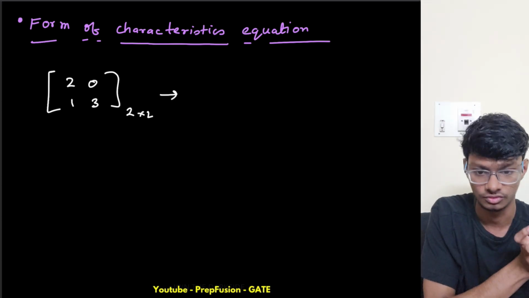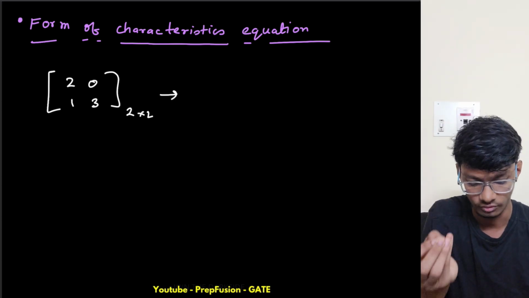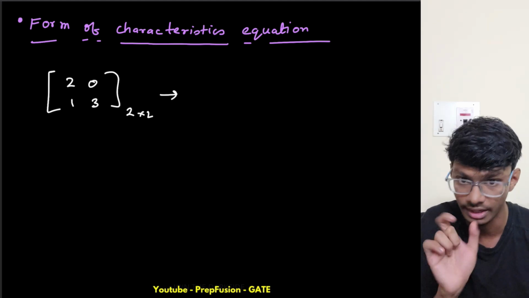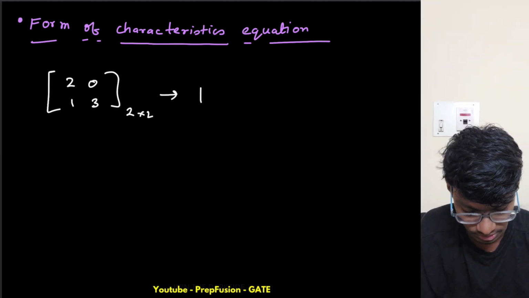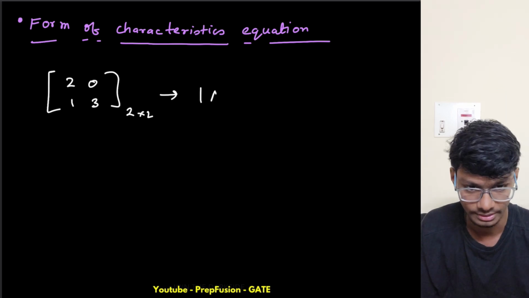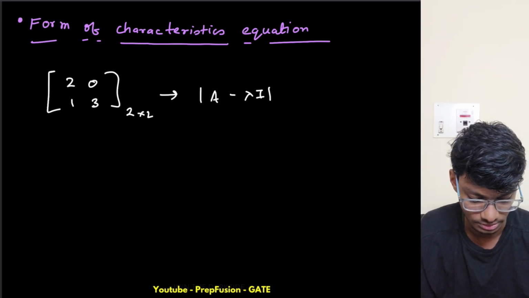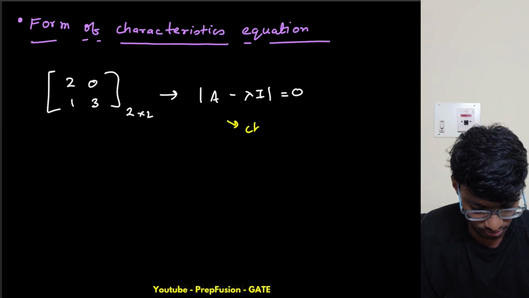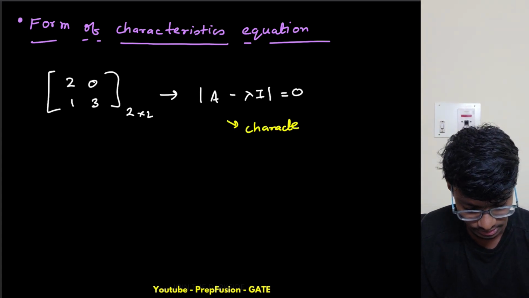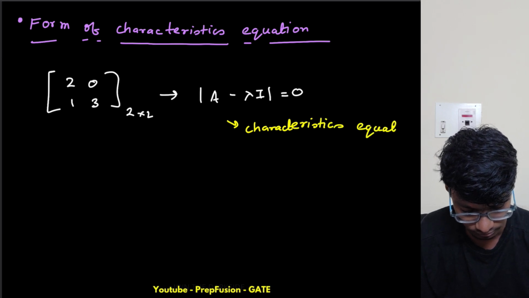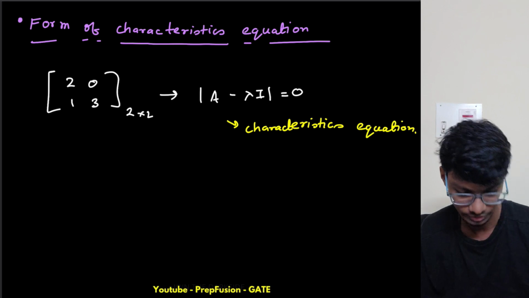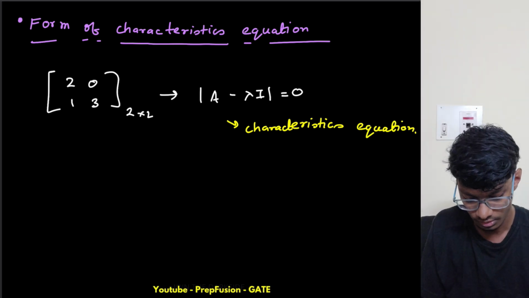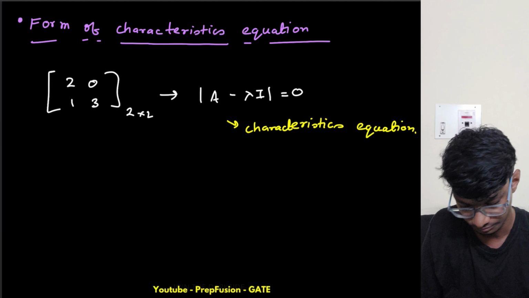What were the eigenvalues of this? If I solve for this, what will be the characteristic equation? This is simply A minus lambda I equals the characteristic equation. So now let me solve for lambda.